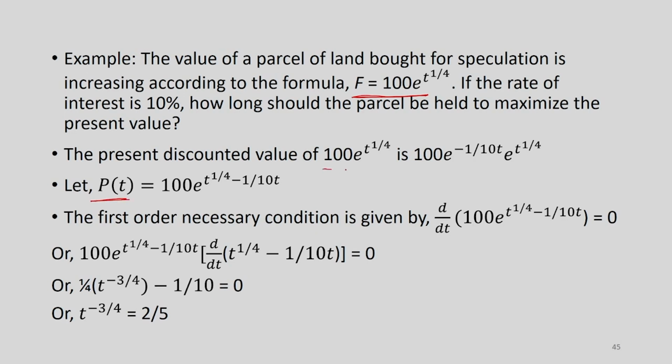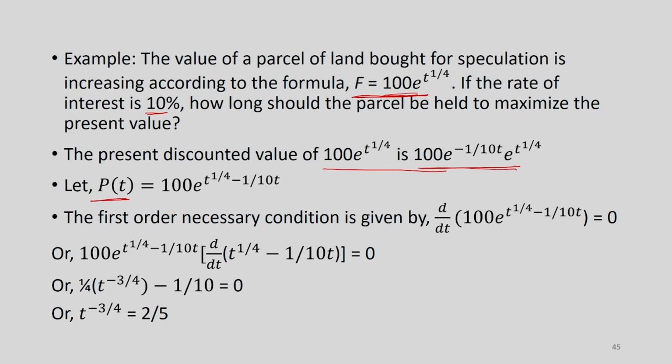So, this P of t then becomes equal to f multiplied by e to the power minus r t, right. Now, r is given to us, it is 10%, okay, 10% means 0.1. And so, the present discounted value becomes f multiplied by e to the power minus 0.1 t.